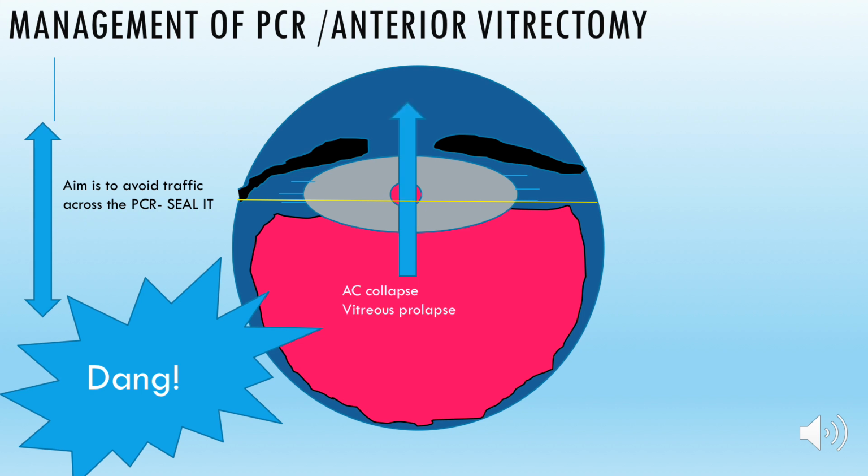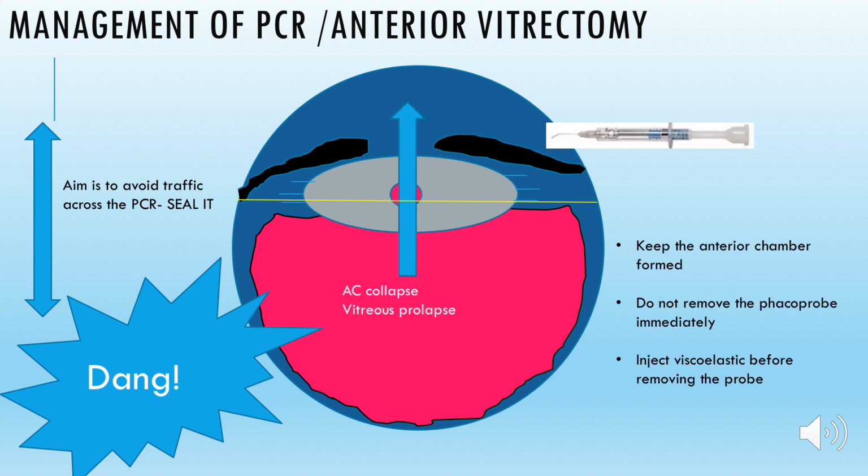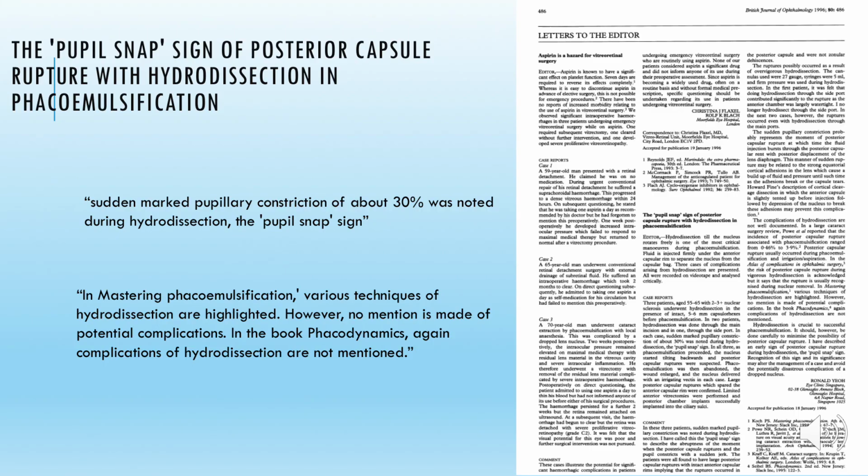The first thing that needs to be done is to seal the break, and one should keep the anterior chamber formed and not remove the phaco probe immediately as a reflex. Instead, inject a viscoelastic before removing the probe, and preferably a dispersive viscoelastic should be used.